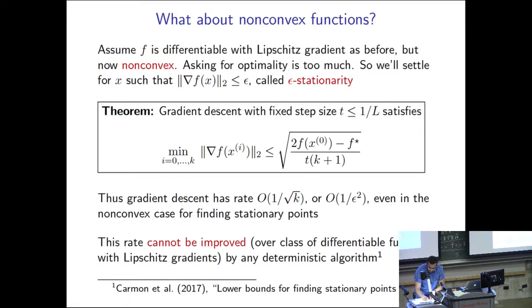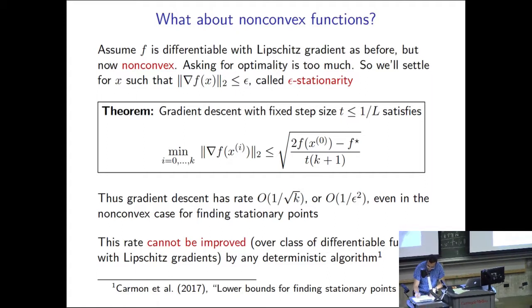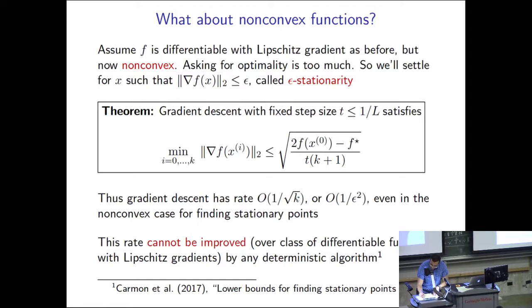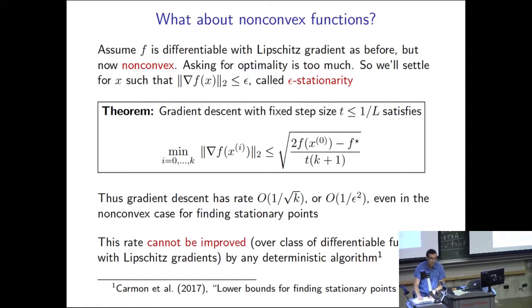They can look like a local min, so that's stationary, the gradient is 0 there. They can also look like this, something of that form, where the gradient is 0 here too. That's distinguished from a local min; this is typically called a saddle point. And they can also be local maxes, so that's also stationary.